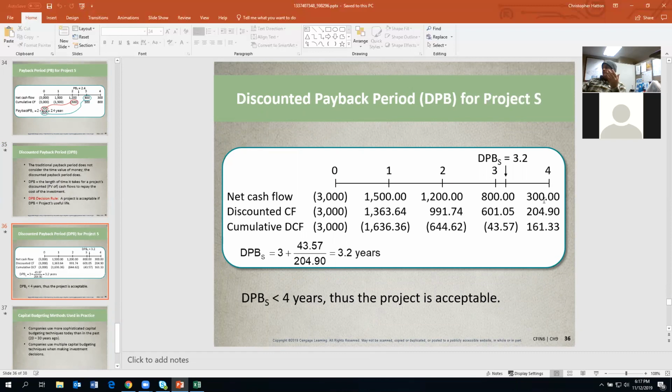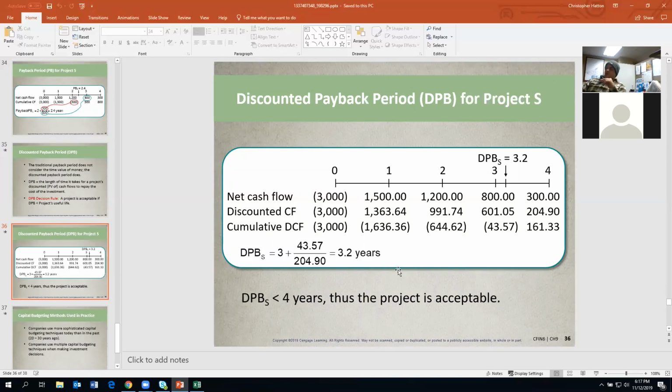So this is the same example, and we're saying, all right, I forgot what the discount rate was, but see how the discounted cash flow is less than the actual because they take into account the time value.